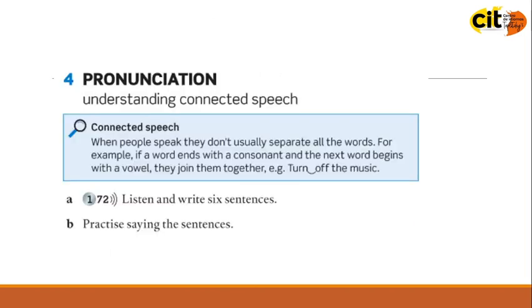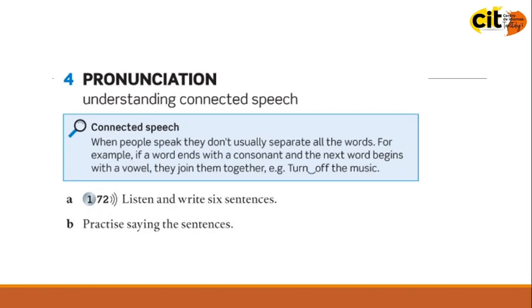Then you are going to work with some pronunciation, okay? This is important because connected speech is what you are probably always going to listen to in the dialogues. For example, when people speak, they don't usually separate all the words.